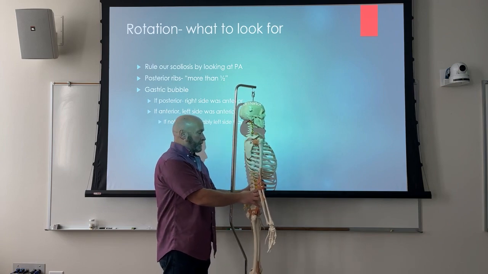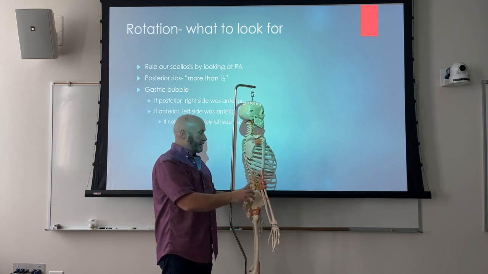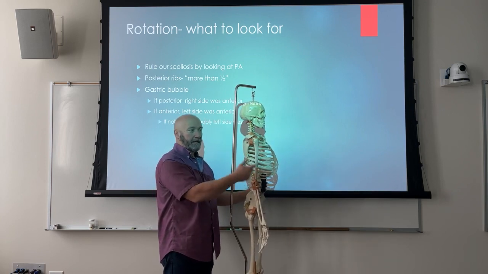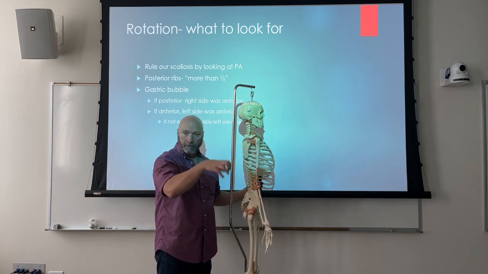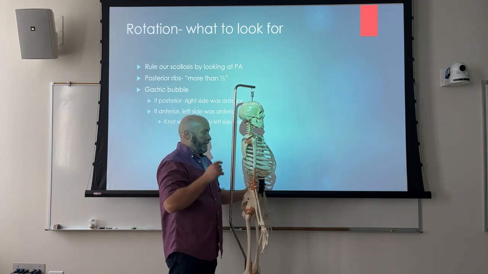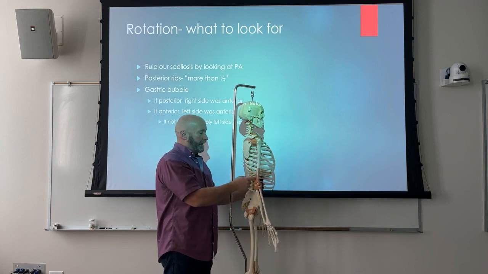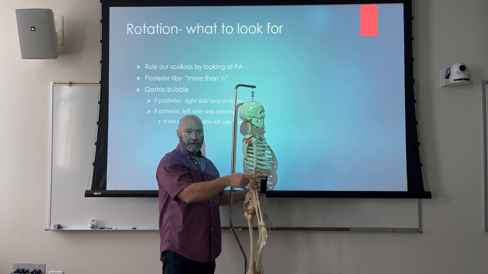So if you got a patient that's rotated, then not only are the domes of the diaphragm going to be separated, but you're also going to be able to see which one is anterior and which one's posterior by looking at that bubble in the stomach. So if the gastric bubble moves anterior, right, what that means is that the right lung is posterior and the left lung is anterior.